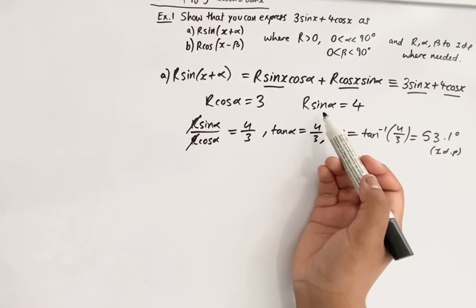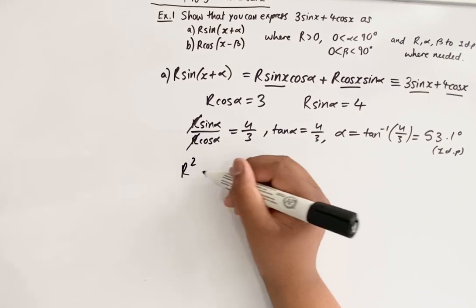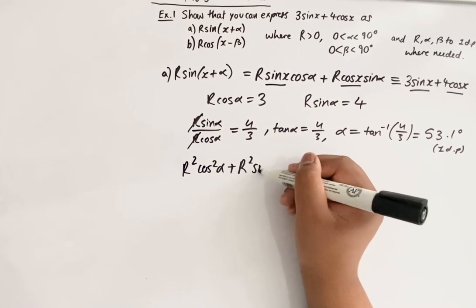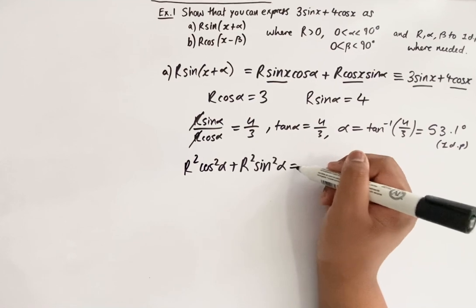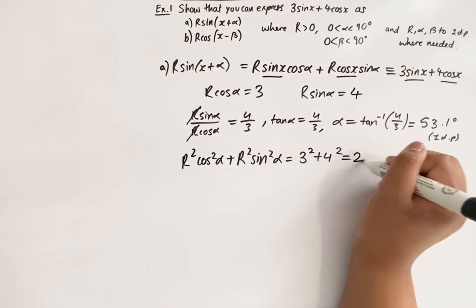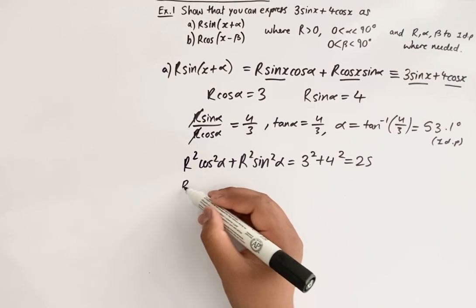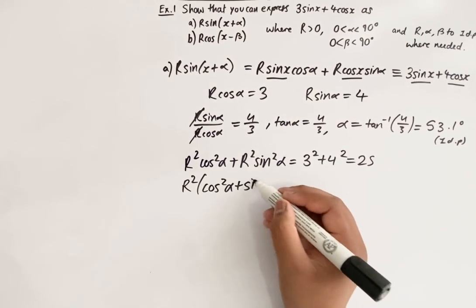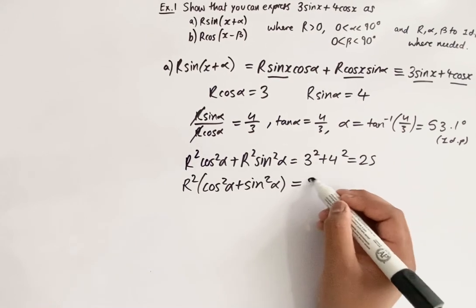If we square both of these and add them, we get r squared cos squared alpha plus r squared sine squared alpha is equal to 3 squared plus 4 squared, which is 25. Here we can factor out r squared, and we get r squared times cos squared alpha plus sine squared alpha is equal to 25.